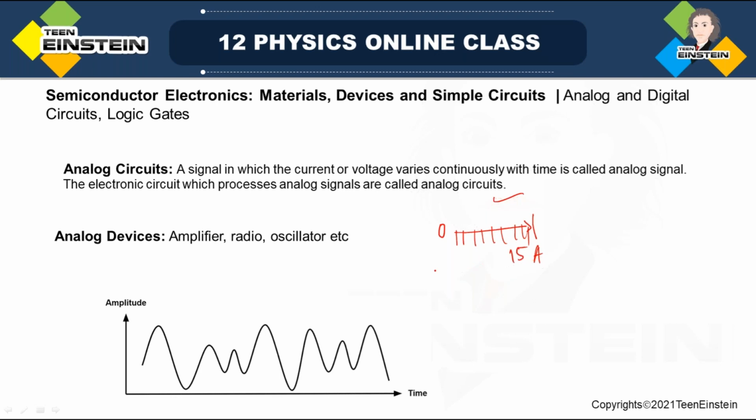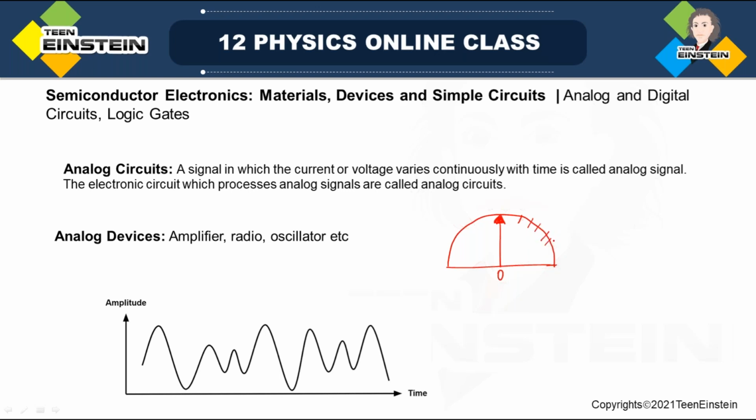If you remember the galvanometer, when we converted a galvanometer into an ammeter or a voltmeter, there is a pointer or indicator. This is the 0 value, and it can vary continuously.